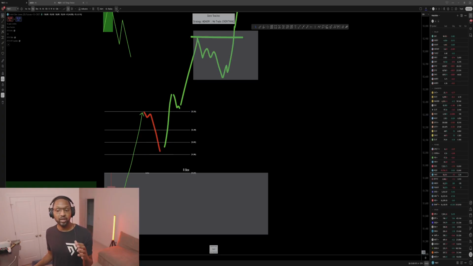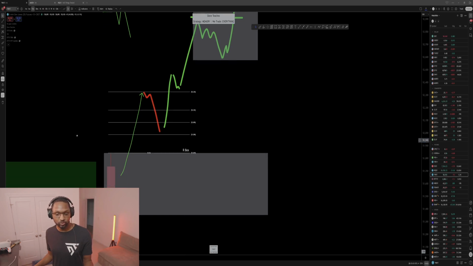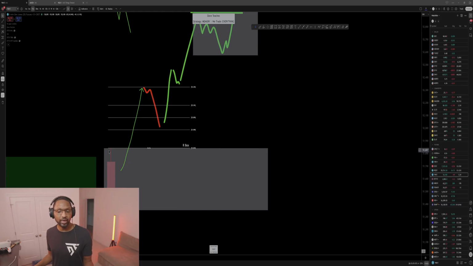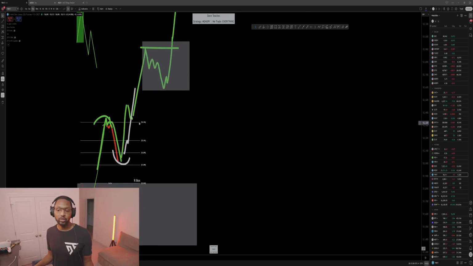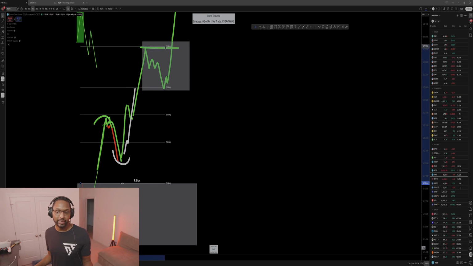So you fib the high of the down candle that is there, the last down candle that is there. And now as the market begins to make its way higher, and then it puts in a high and we begin to retrace lower, you're expecting the market to retrace into the fib levels lower, that's down here, and then you're looking for the market to continue higher. So when it continues higher, all you're doing is dragging your anchor to the next high that is there.